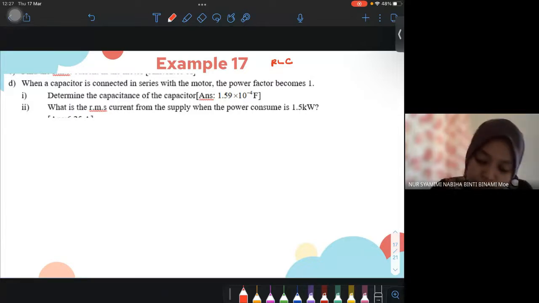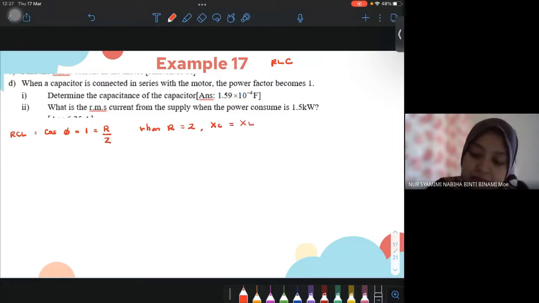So cos φ equals 1. It asks us to determine the capacitance of the capacitor. The question asks for the value of C. So cos φ equals 1, so it equals R over Z. When R equals Z, what happens? The value of X_C equals the value of X_L. It has become resonance.